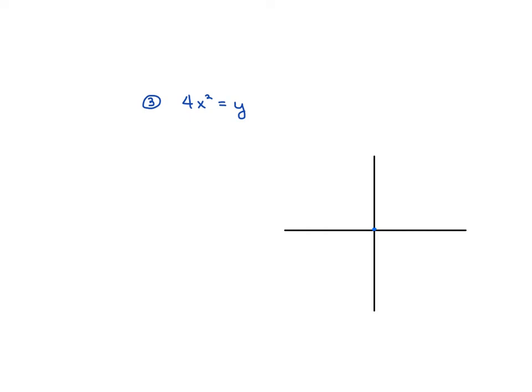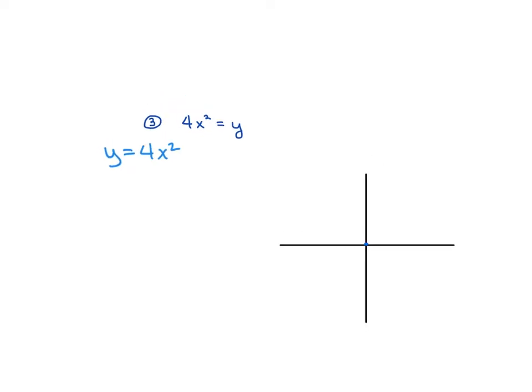Now, if you realize, let's flip this around, this is the standard form that we're used to. However, in this chapter, we're going to be working on getting our equations into this form, either x squared equals 4py or y squared equals 4px.